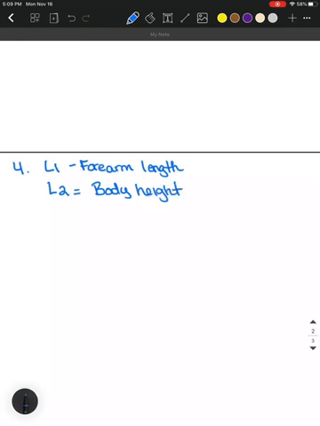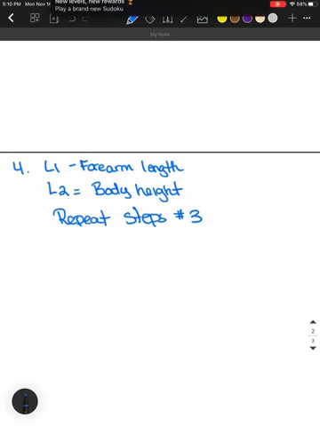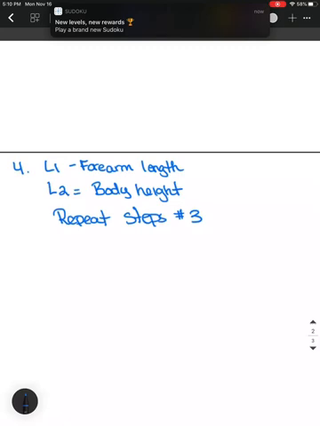All right, so we're going to do the same thing. So you're going to repeat the steps for number 3. And after you get that information, so here I'm going to go stat edit again. I wish you could see it, but you've done this before. So you can place it in your calculator.